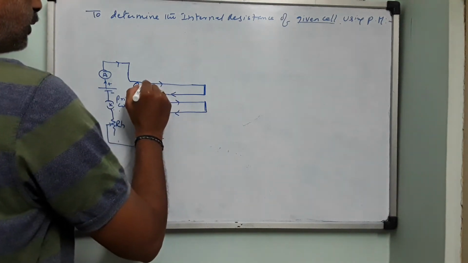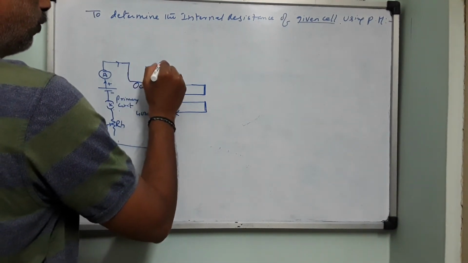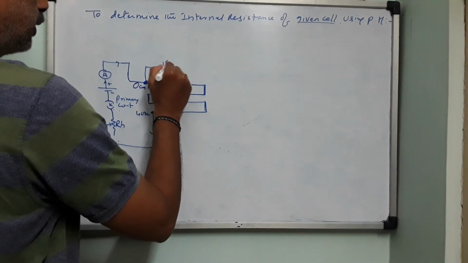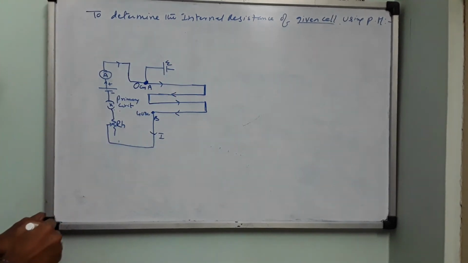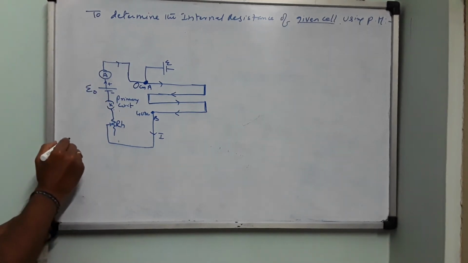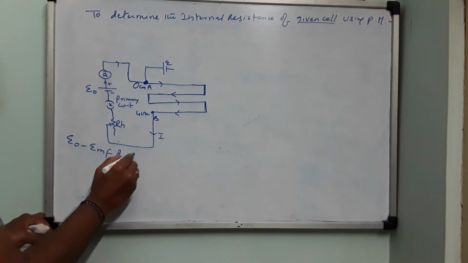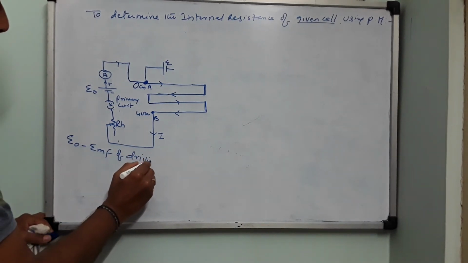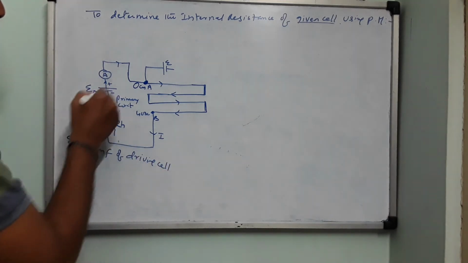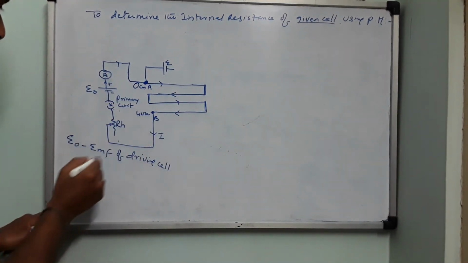So now I will connect a cell here whose internal resistance I want to find out. This is E. This I will call E0, where E0 is the EMF of the driving cell. I name it the driving cell because this only will drive the circuit. It will supply energy, it will supply the current.